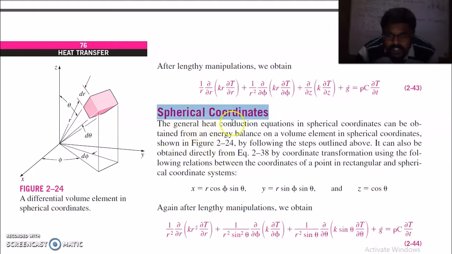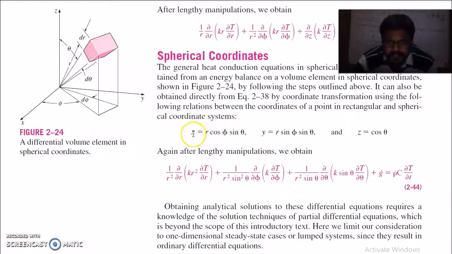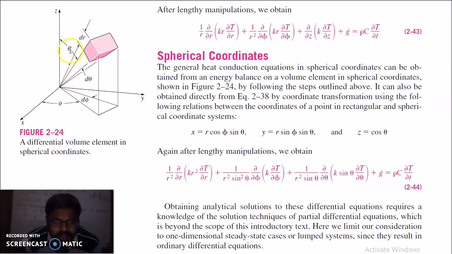So the solution for this equation can be obtained by replacing x, y and z with these values. x is equal to r cos phi sin theta. This r is making an angle theta with the z axis. So if you take the projection of r on the xy plane, it is r sin theta, and for that r sin theta you take this component, which is r sin theta into cos phi.